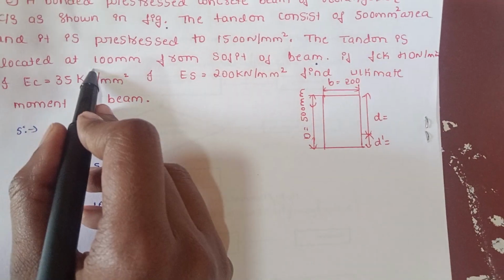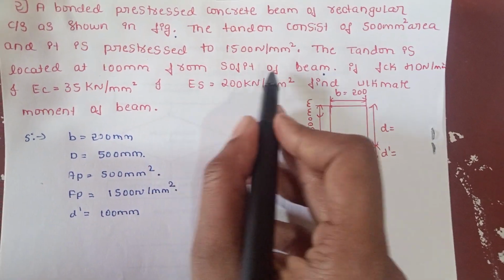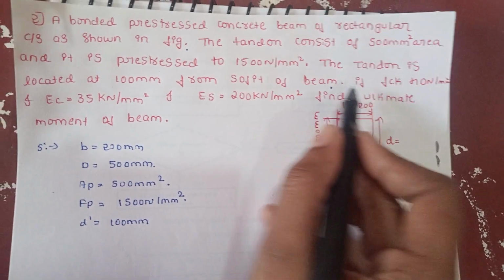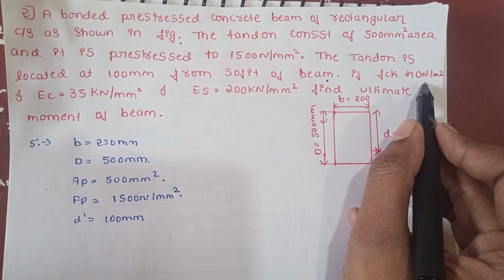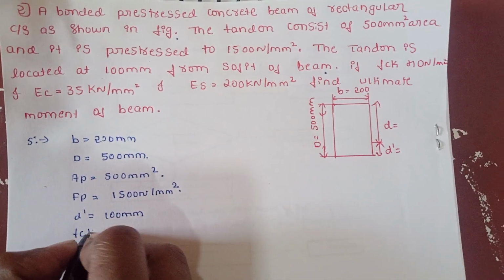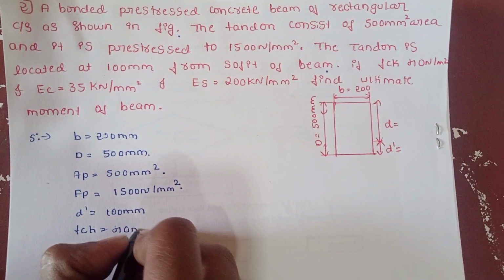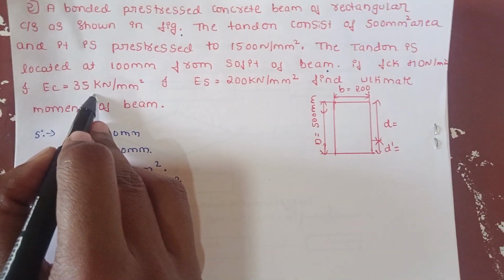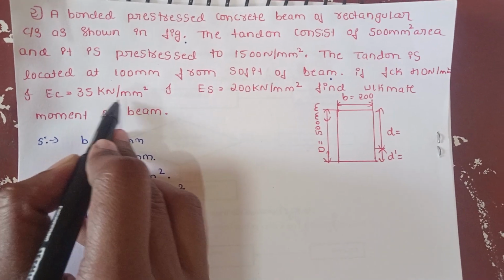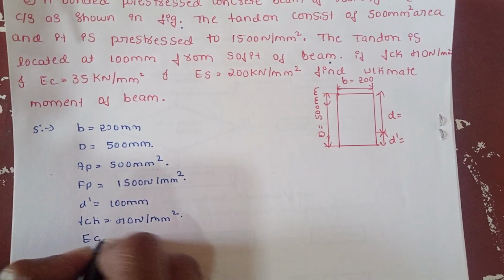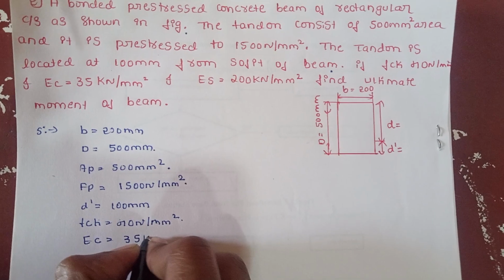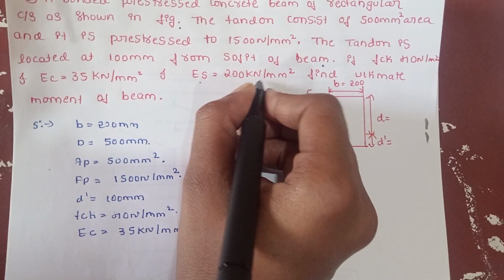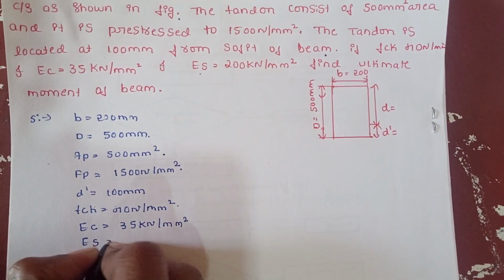The tendon is located 100 mm from the soffit of the beam, and the effective cover is the same, so we will consider it as D dash. FCK equal to 40 Newton per mm square, EC equal to 35 kilonewton per mm square, and ES equal to 200 kilonewton per mm square.